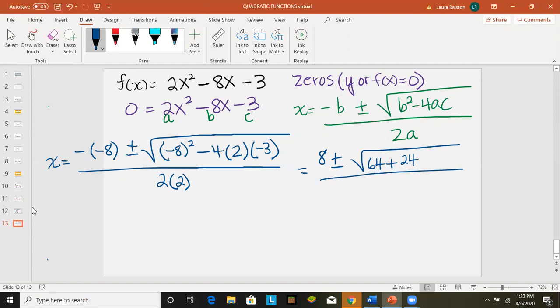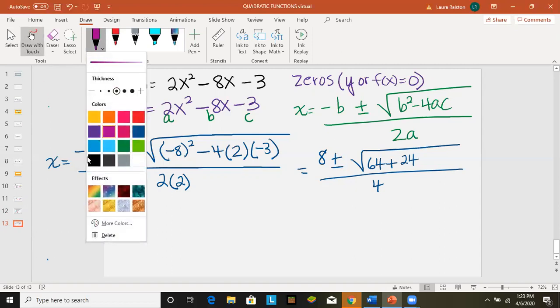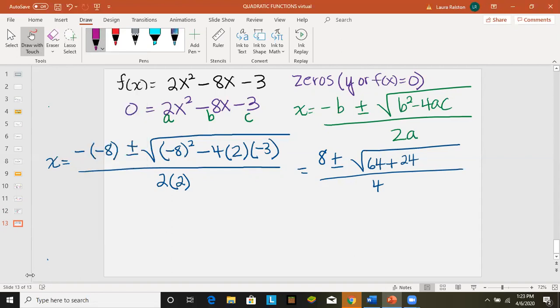All over 2 times 2, which is 4. Okay, continuing with those calculations, I would have 8 plus or minus the square root. I have 64 plus 24, which gives me a value of 88, all over 4.